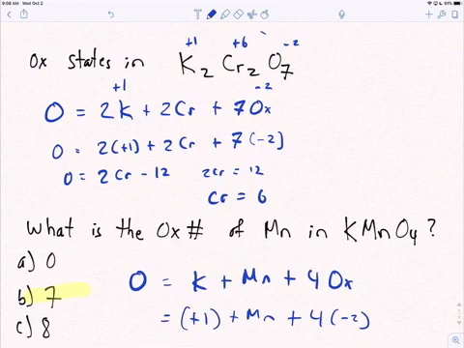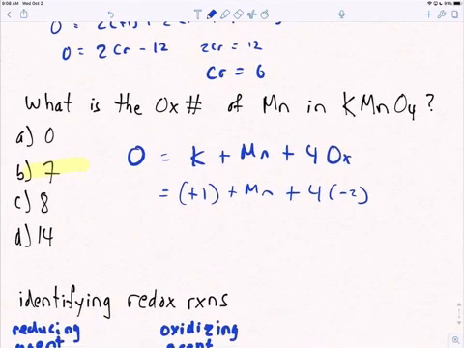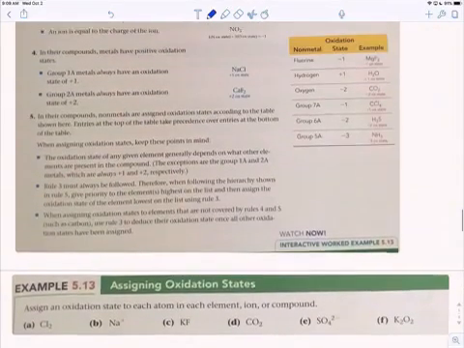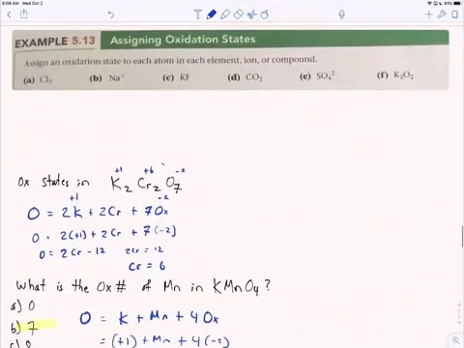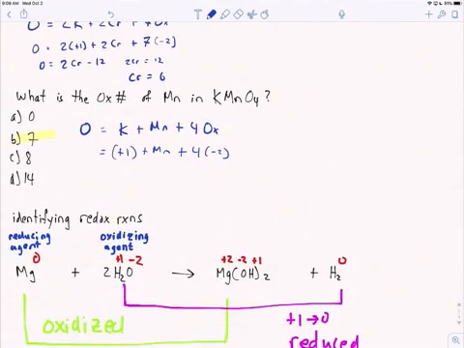Okay. So here's the rules. For a neutral molecule, the sum of all the oxidation states is 0, right? So this equals 0. It's potassium, manganese, and 4 oxygens.